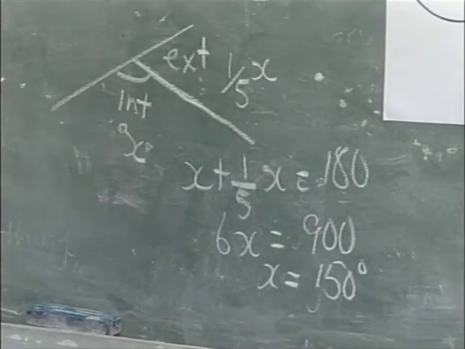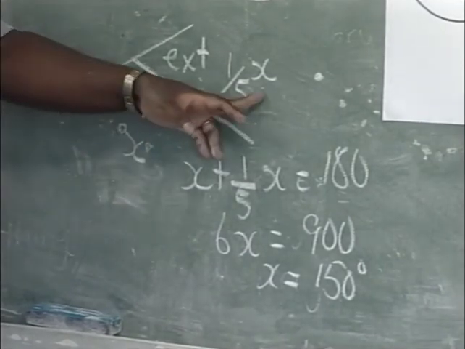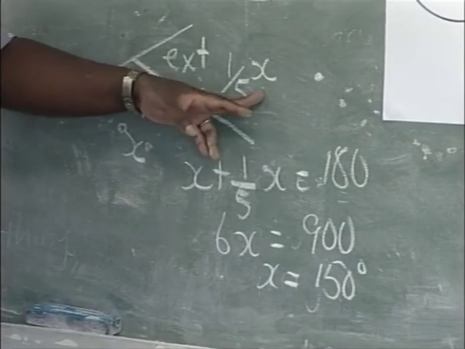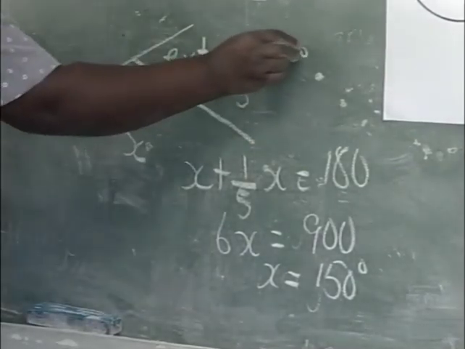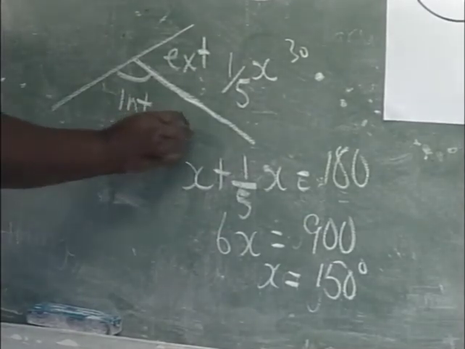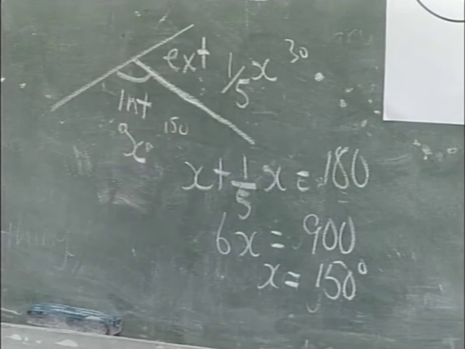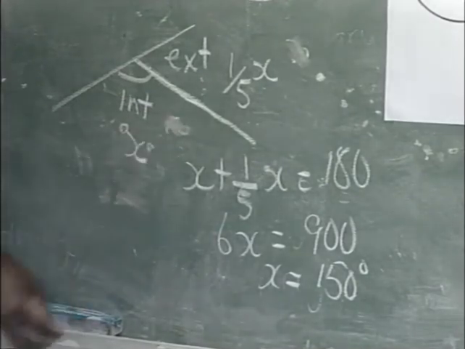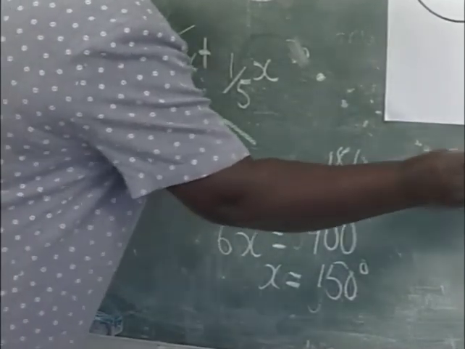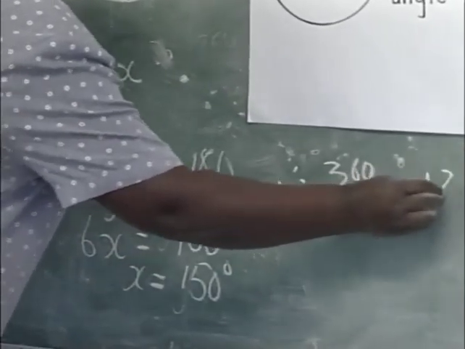No, 150 is the interior angle. The exterior angle is 1/5 of 150, which is 30. So this is 30, this is 150. You can divide 360 by 30 and you get 12. So the answer, 12 sides.